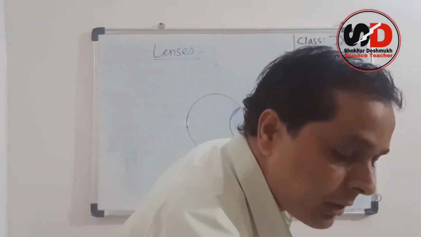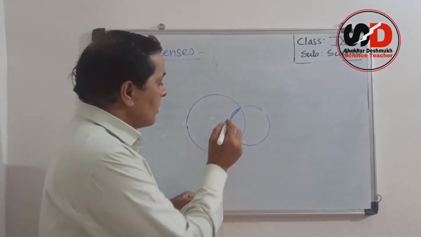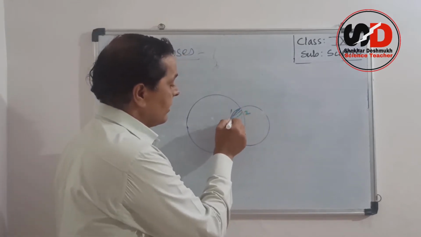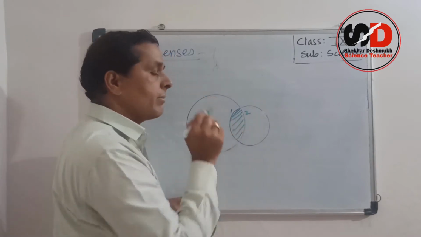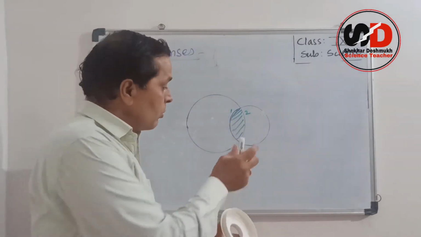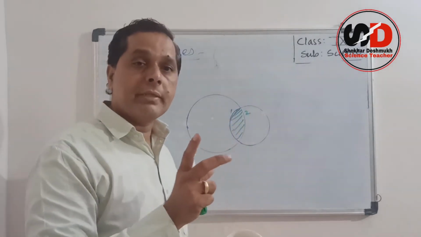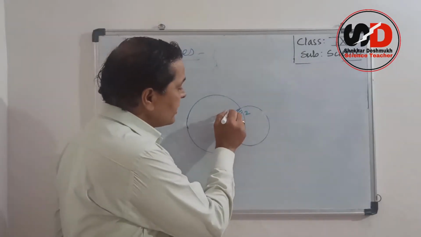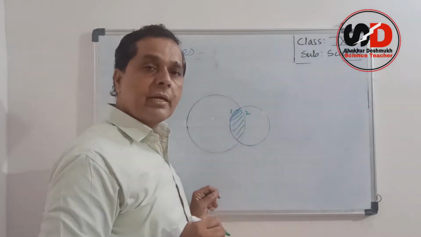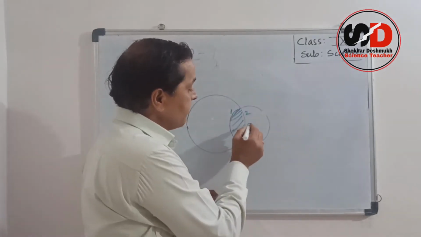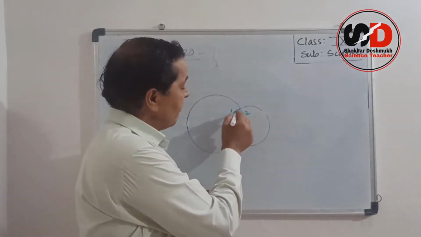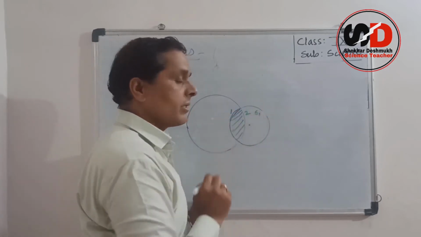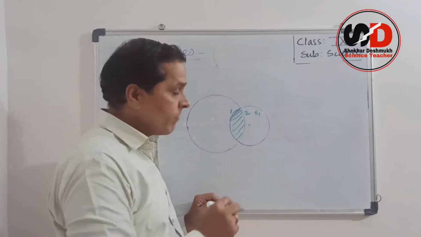Suppose this is the first surface of a lens, this is the second surface of a lens, and this shaded area is the lens, which is made up of two glass spheres, or transparent medium. This first surface is part of a sphere, suppose sphere S1.